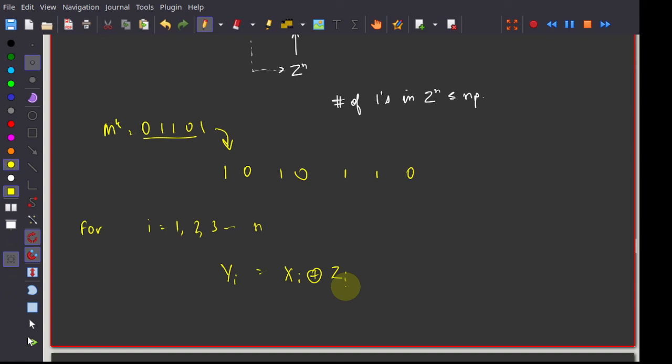If you think about the XOR operation, if Zi is equal to 1, then Yi is the complement, right? So there's a flip if Zi is equal to 1, and if Zi is equal to 0, then Yi is equal to Xi. So another way of representing these bit flip channels is as a modulo 2 or XOR additive channel. All right, and we'll make use of this particular fact.